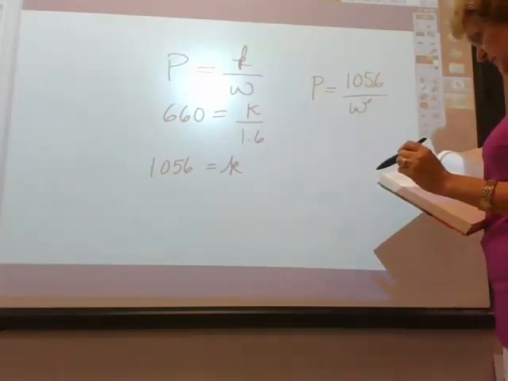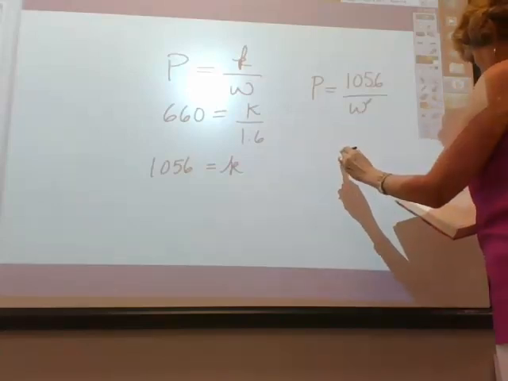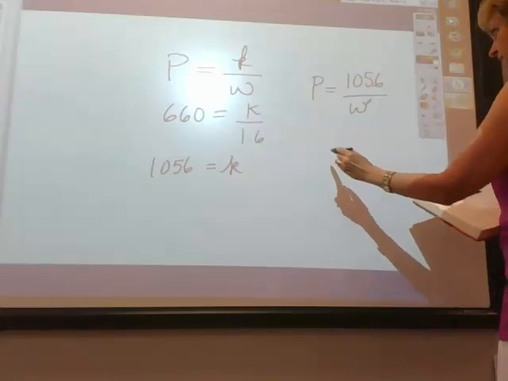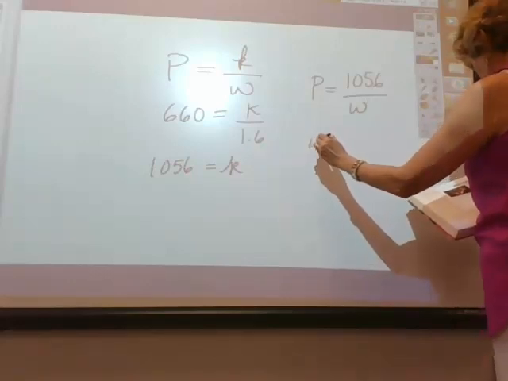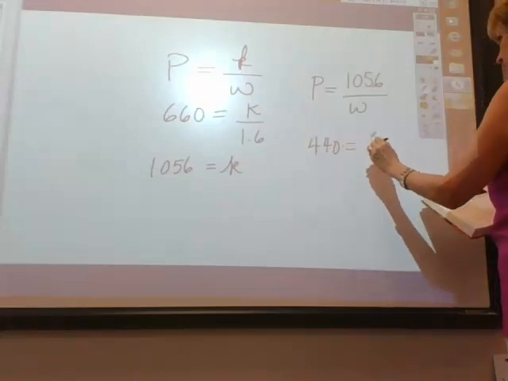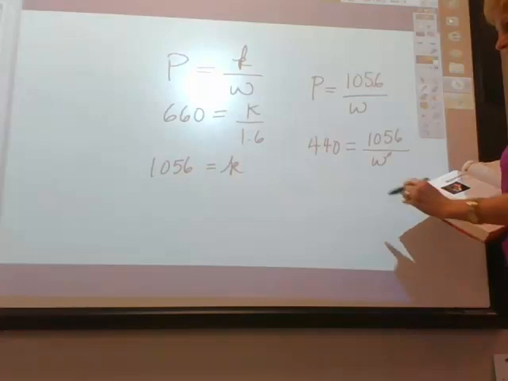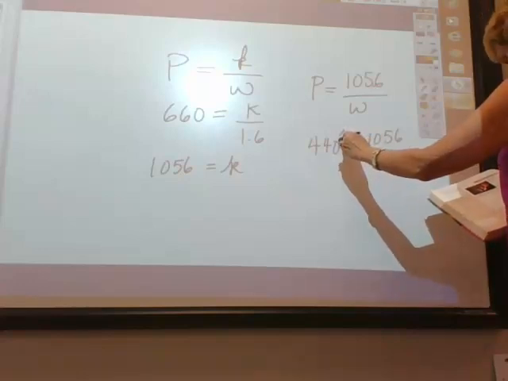I'm now supposed to find the wavelength. So I'm finding the wavelength when we have a pitch of 440. Okay, so 440 equals the k that I found over the W. All right, so think about what I'm doing here.